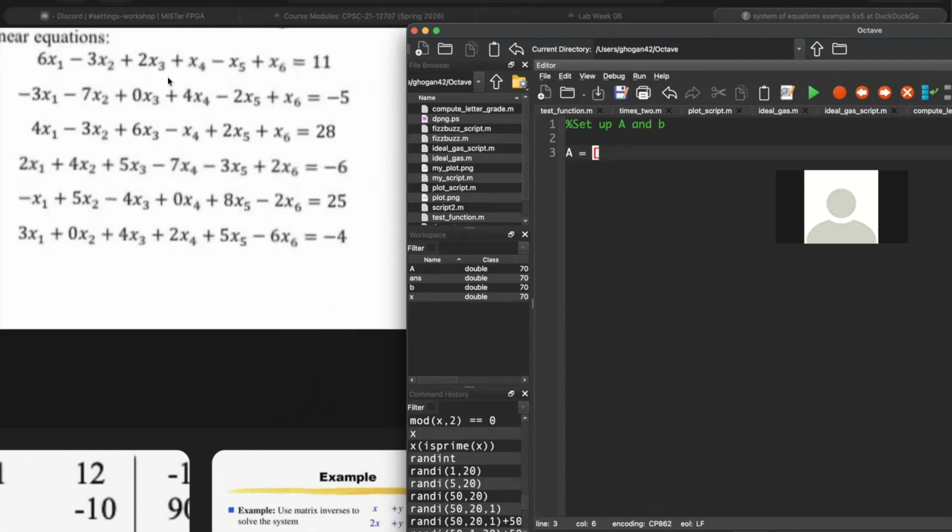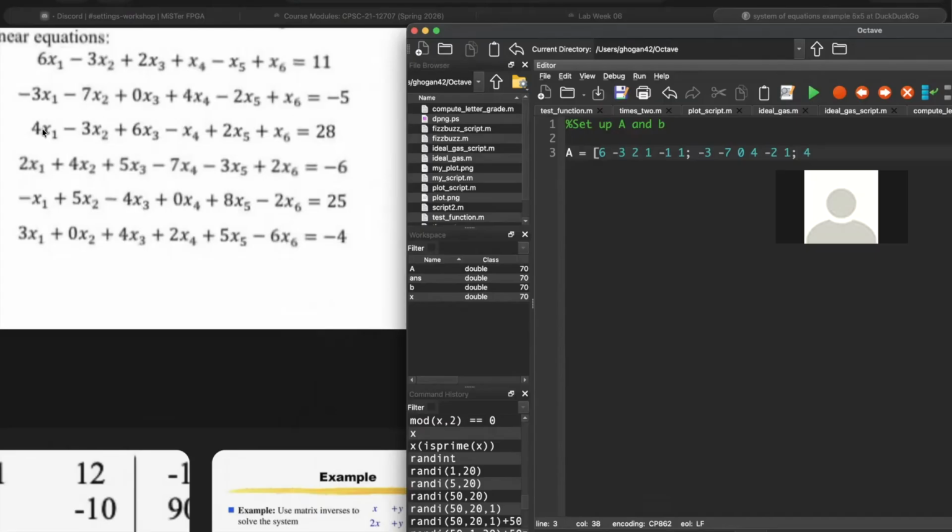Starting from the first equation. The coefficients here are 6, you can just leave spaces, -3, +2, +1, -1, 1, semicolon. And then you type the next row, -3, -7, 0. They were nice enough to put a 0 rather than to leave it out. That helps us type. 4, -2, 1, and we're done.